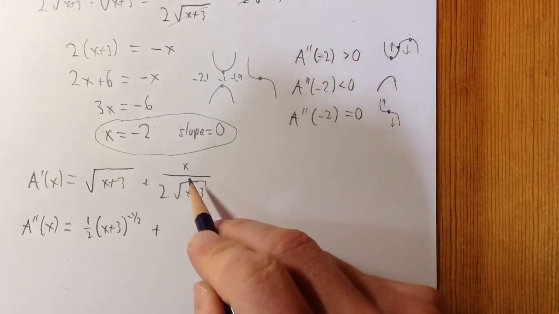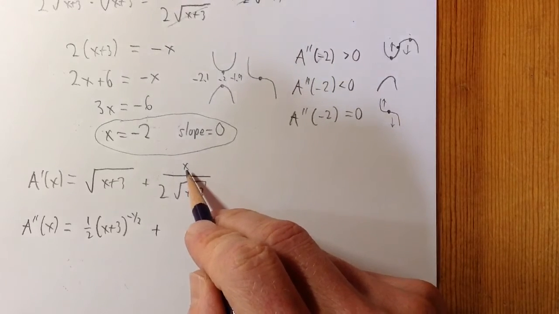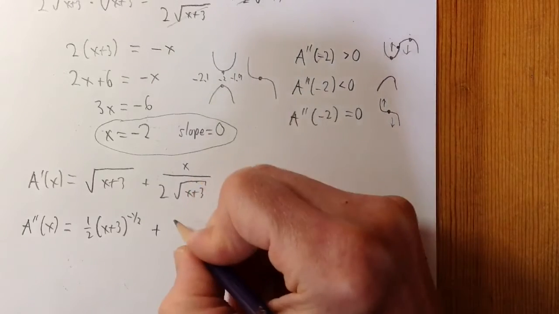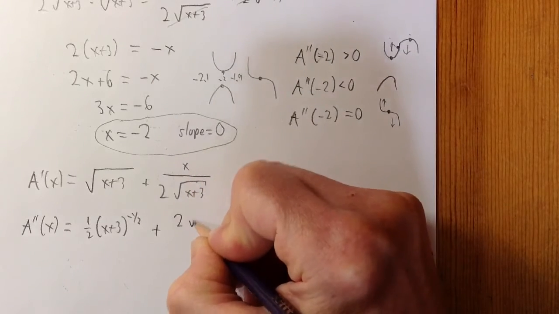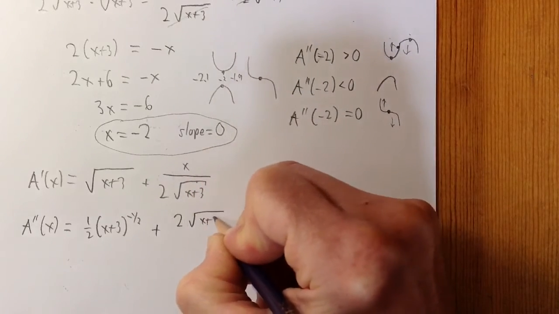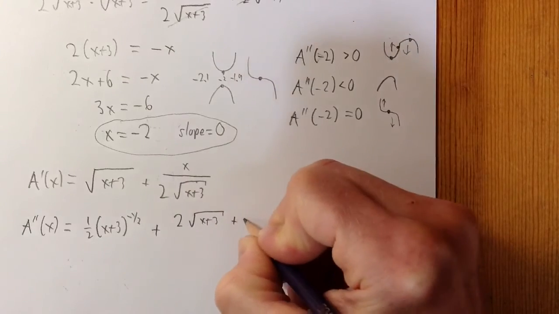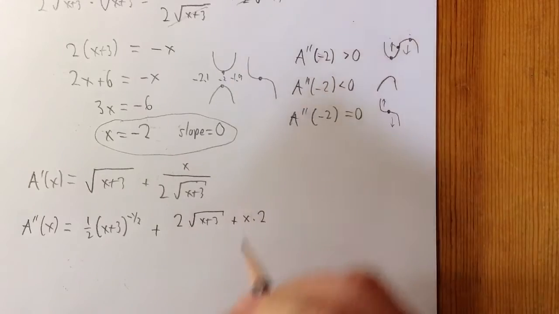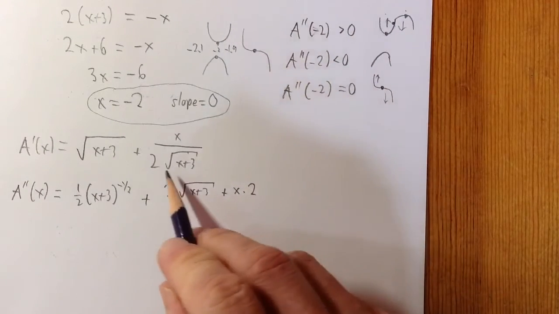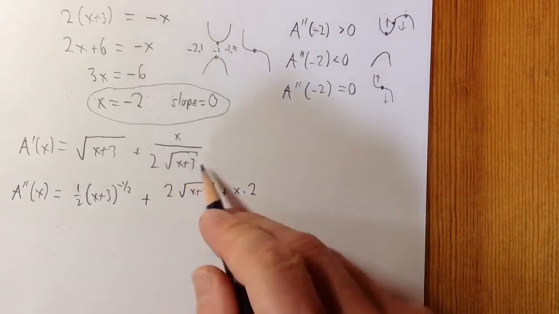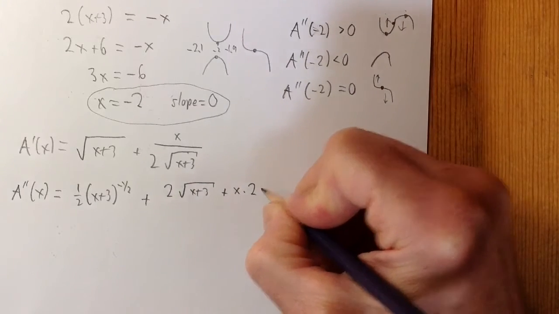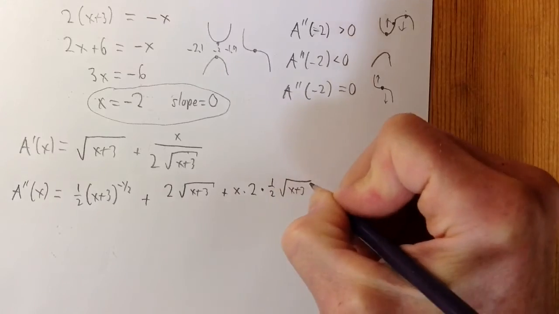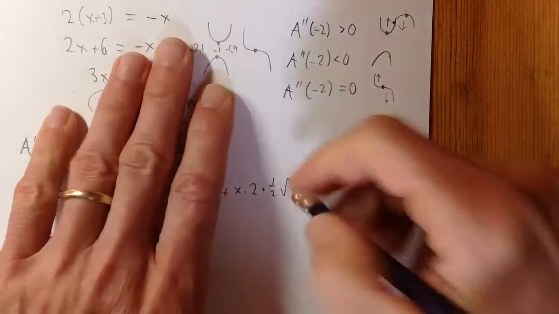Here we're going to have to use the quotient rule, which is good practice. Derivative of the top times the bottom. Derivative of the top is just 1, so it's times the bottom, which is 2 square root of x plus 3, plus the top times the derivative of the bottom. Well, the 2 just stays there, and then this is just the derivative of the square root of x plus 3, so we know that: 1/2 (x plus 3) to the negative 1/2.